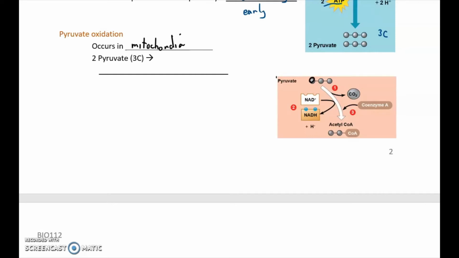Here's our pyruvate. It's got 3 carbons. We're going to lose a carbon dioxide in this reaction, and we're going to make another one of those NADHs with the high energy electrons. And we make an acetyl-CoA. It's a 2-carbon molecule.